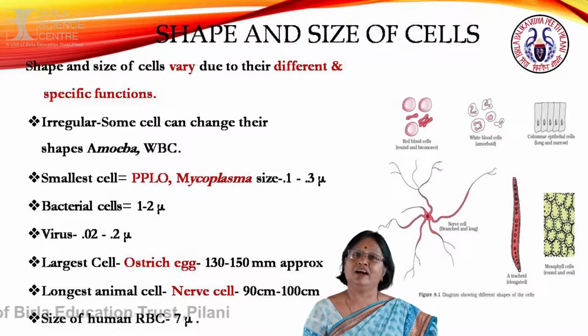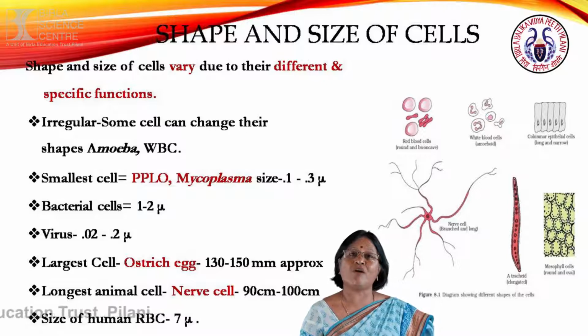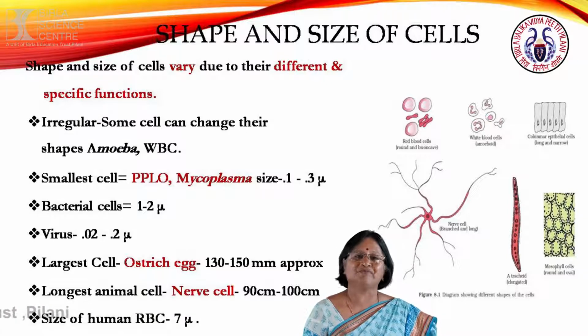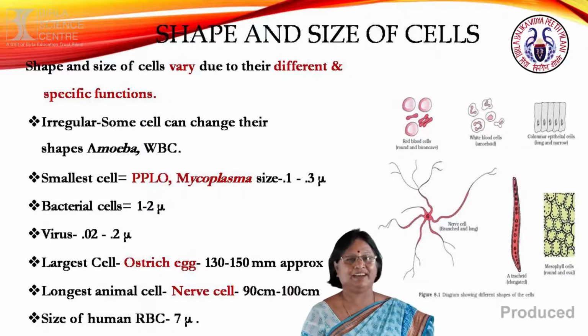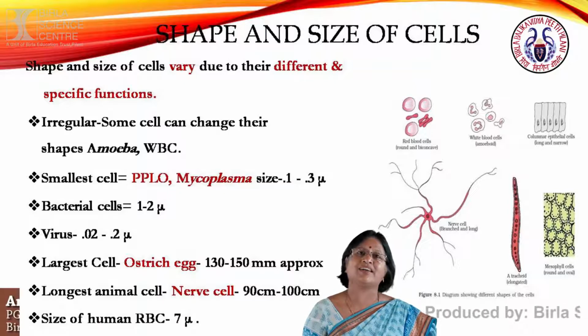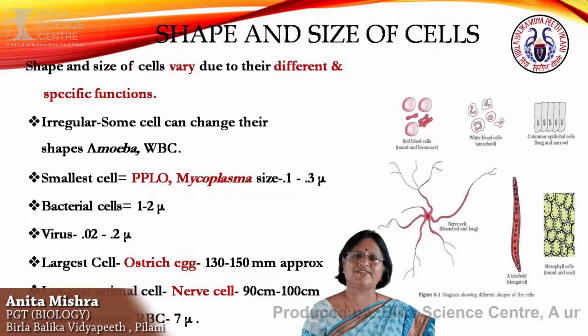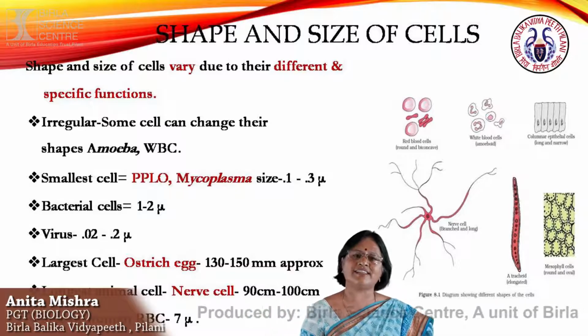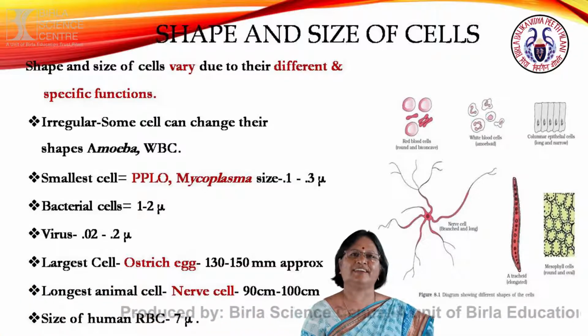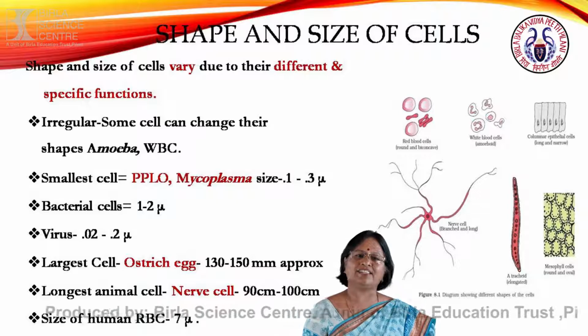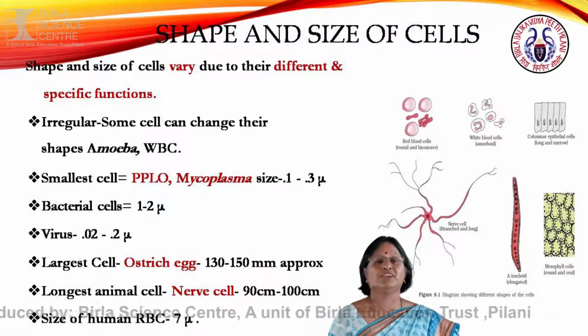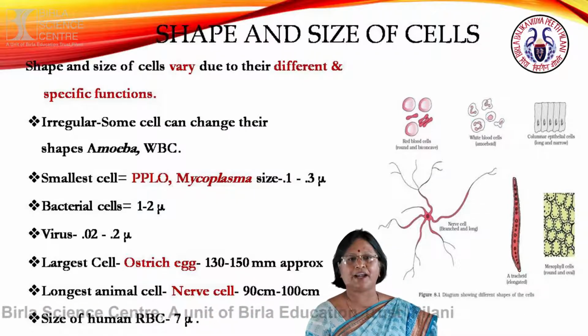And then the largest cell, the cell of an ostrich egg, which ranges from 130 to 150 millimeters approximately. And then the longest cell, which is the nerve cell, whose size is 90 centimeters to 100 centimeters. And then let us see the size of the human RBC, the red blood cells.